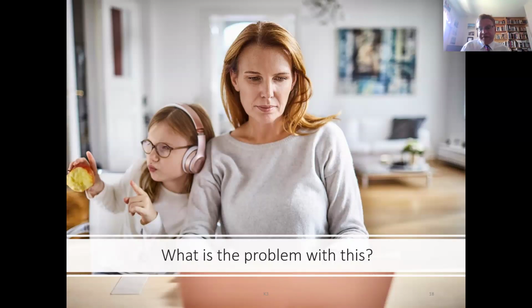Well, apart from the fact that this lady is possibly being distracted by her daughter, the problem with this is that, of course, this could take place anywhere. And it could be that this lady is carrying out the main duties or indeed directing the company. And if she's doing this consistently in another country, that could create a permanent establishment. And the same could be true here.